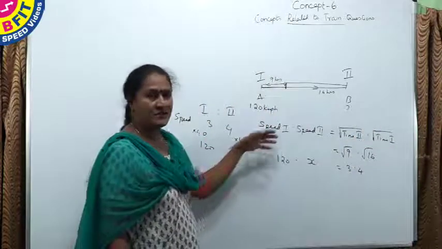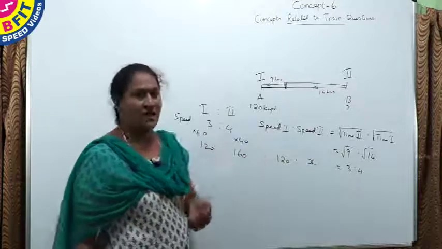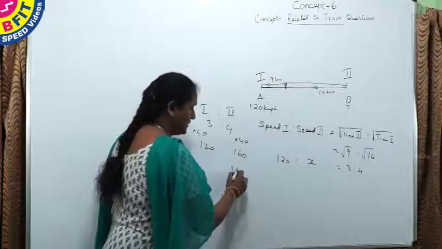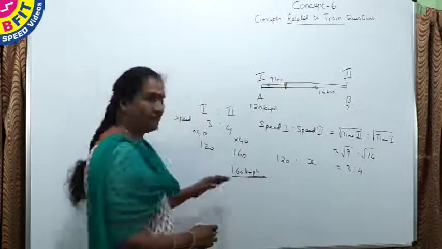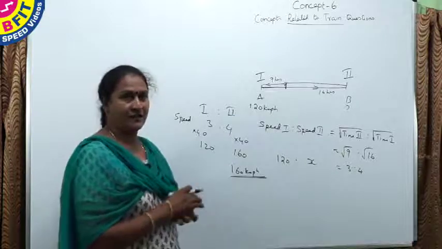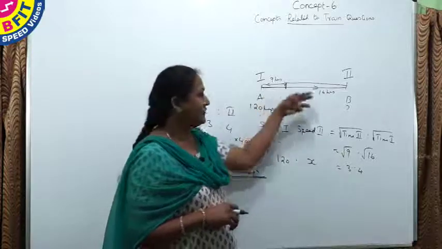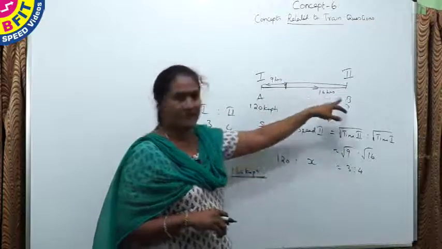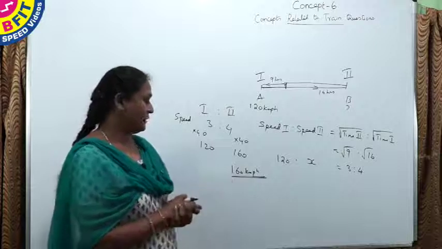By using this simple ratio, you can find the speed of the train which is asked. Here the speed of the second train is 160 kilometers per hour, which is faster than the first train, since it takes 9 hours, less than the first train's 16 hours.